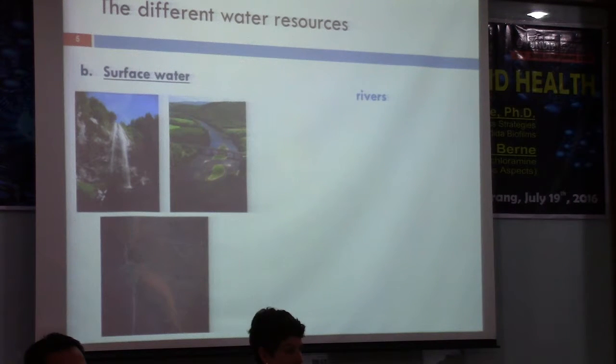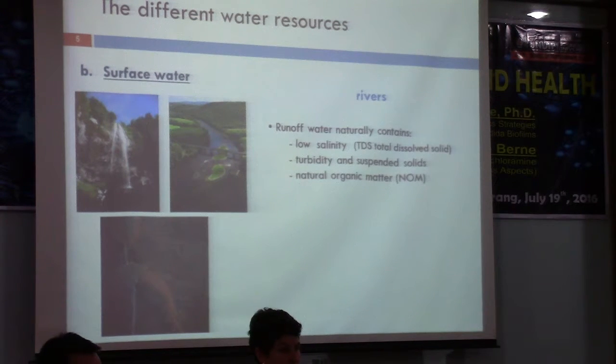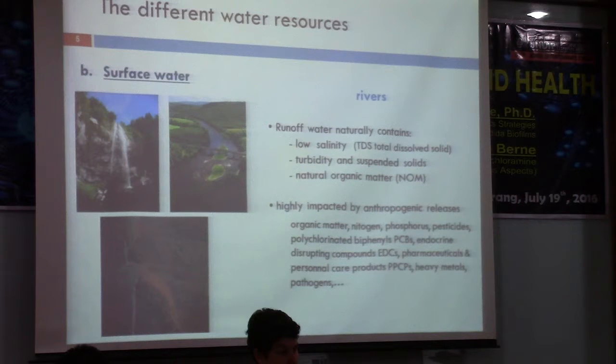For surface water, there are two types of surface water, rivers, for example, and they are characterized by a low salinity, by non-dissolved compounds like suspended solids or turbidity, and by dissolved compounds, natural organic matter. Generally, they are highly impacted by pollution, by anthropogenic releases of sewage water, for example.